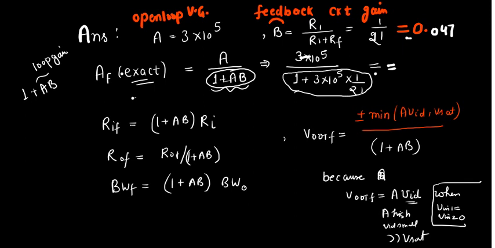What is the value of 1 plus AB? From a numerical point of view, you will first evaluate 1 plus AB, because this is the factor by which each of the parameters either gets multiplied or divided, right?